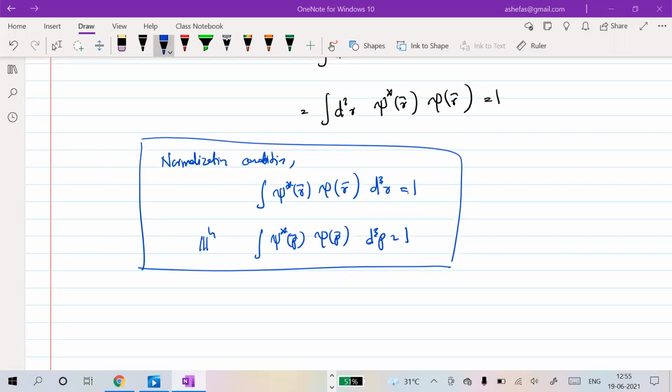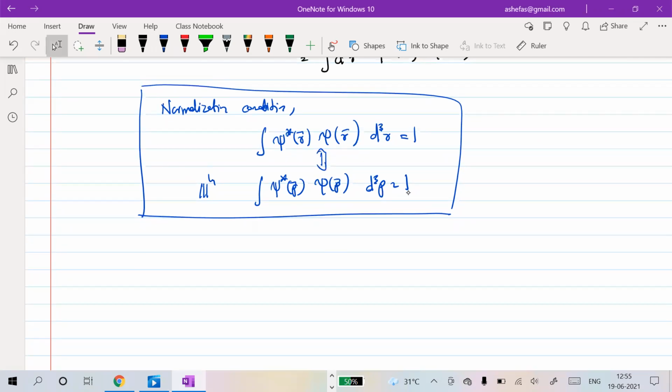Now it is possible that these two inner products are the same. Anyhow the right hand side is 1, but we can explicitly prove it. So we can start from one integration, integral ψ*(r) ψ(r) d³r.